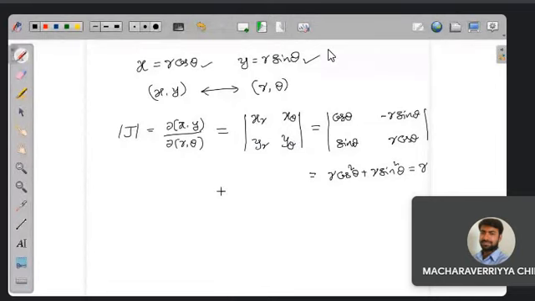So now, what does it tell us? Let's see geometrically what it tells us. So this is the xy plane, x and y. All right. Similarly, you draw r and theta axis. This is r and theta.